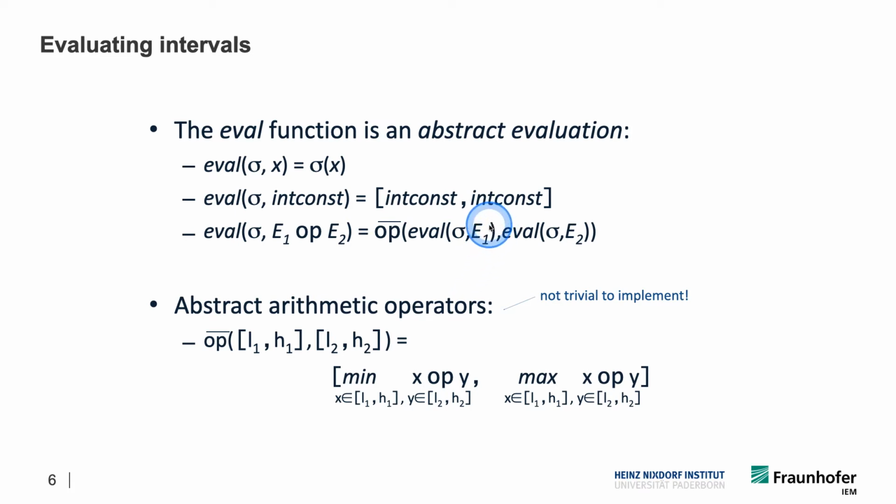The individual values for the left-hand side and the right-hand side, we again recursively obtain by evaluating these sub-expressions over sigma. So we evaluate the sub-expressions first, and then we apply the abstract operation. What's important is that this abstract operation is not one on integers directly, but an abstract operation over intervals, because the domain we are operating on is the domain of interval values.